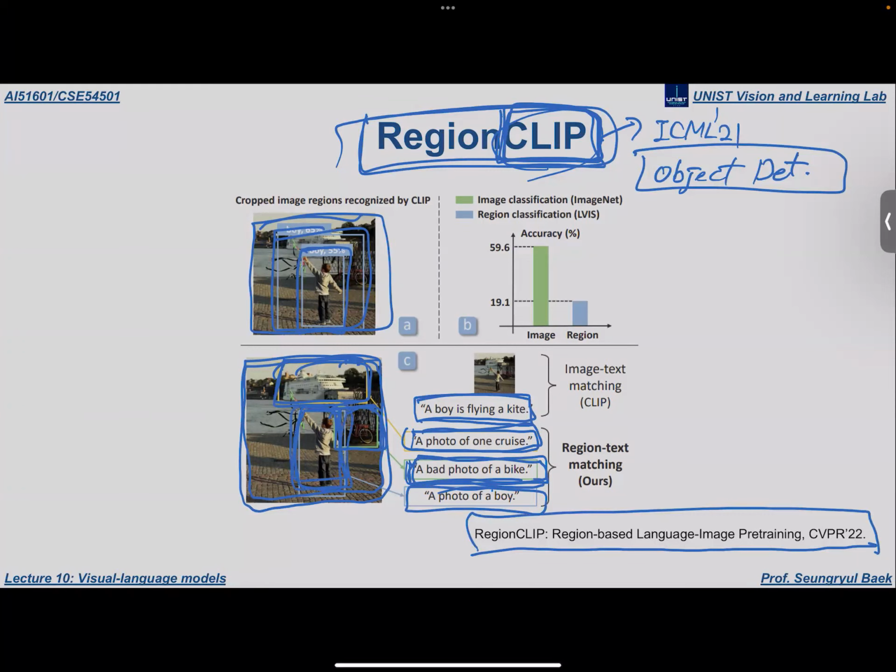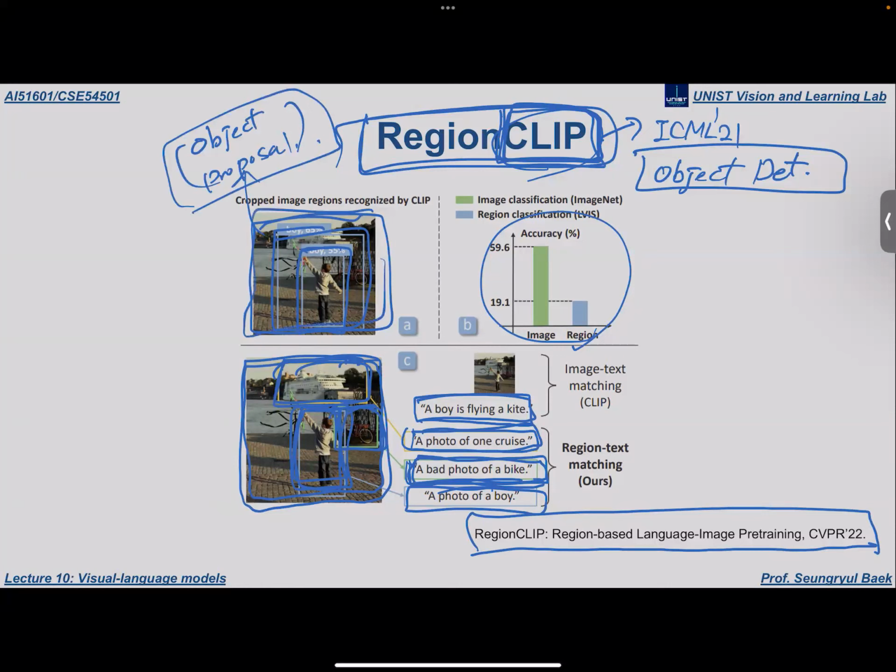And what they report is that if they use object proposal algorithms like selective search, we can get some bounding boxes, and then we can apply the standard CLIP on these extracted proposals.